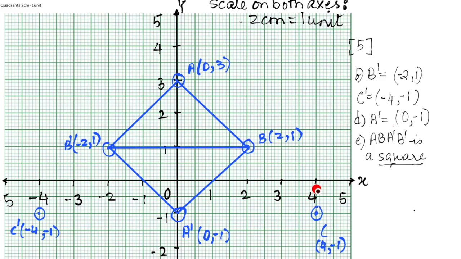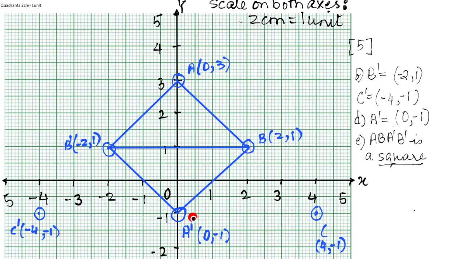So from 4 we come along the vertical line downwards to come up to minus 1, and this is 4, minus 1, that is point C. They told us to reflect B and C in y-axis. So this was from here to here 2 units, from here to here 2 units to give us B dash. And they asked us to write the coordinates, so B dash is this.